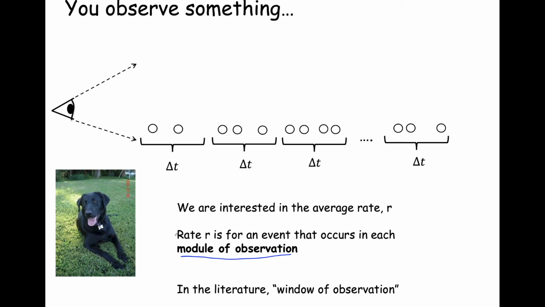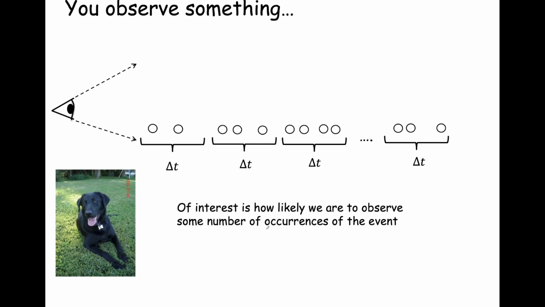So the rate R for some event that occurs in each module of observation is what we're interested in. And in particular, of interest is this average rate. And we're going to call that average rate R. Okay, so we have our rate R. And of particular interest is how likely we are to observe some number of occurrences of the event within our module of observation delta t.